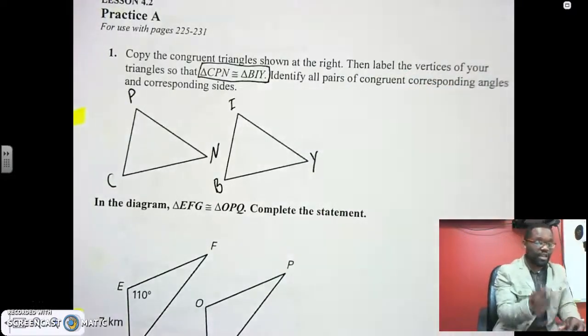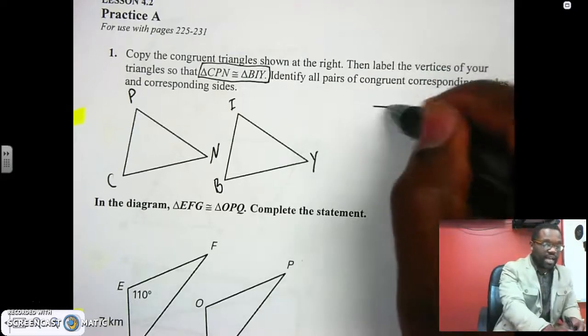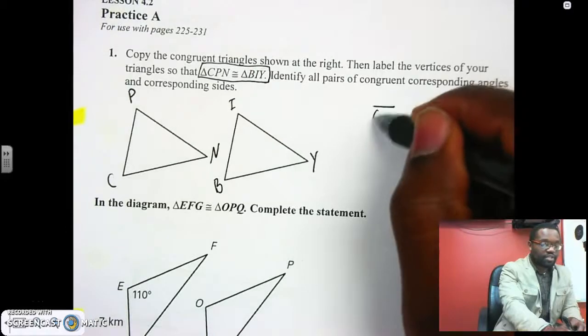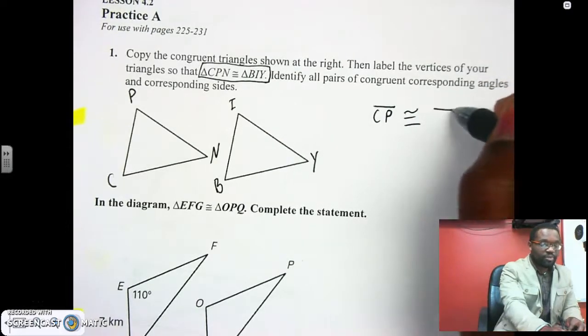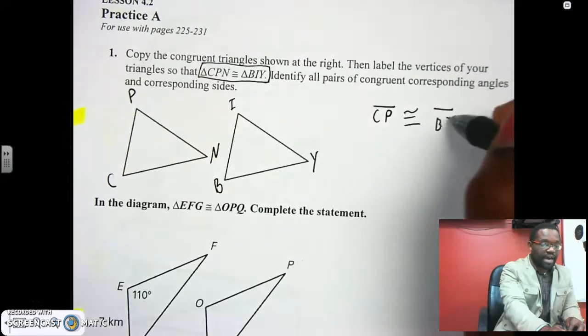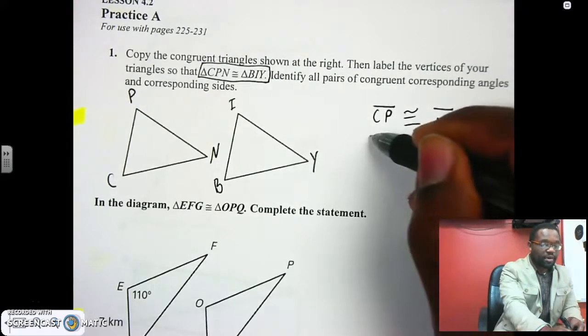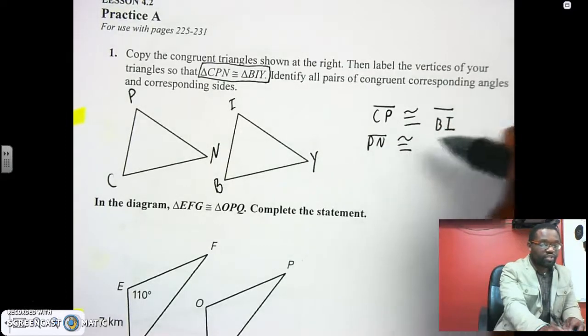It has to go in the same pattern. And so if I'm going to list stuff that are congruent, side or segment CP is congruent to segment what? BI. That's right. What about segment PN is congruent to segment what? IY.